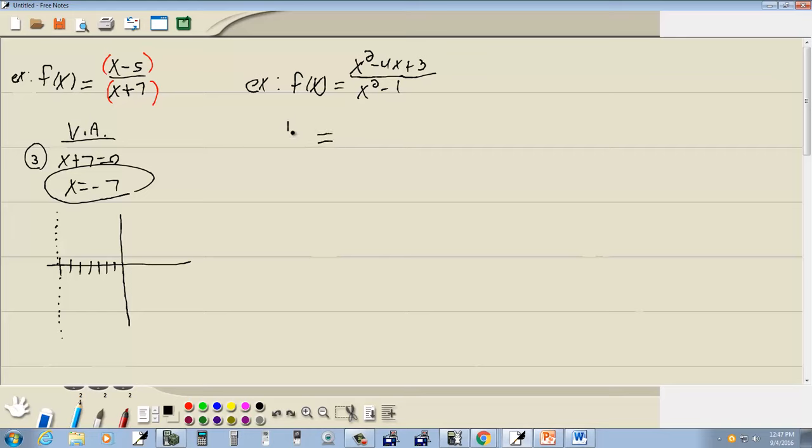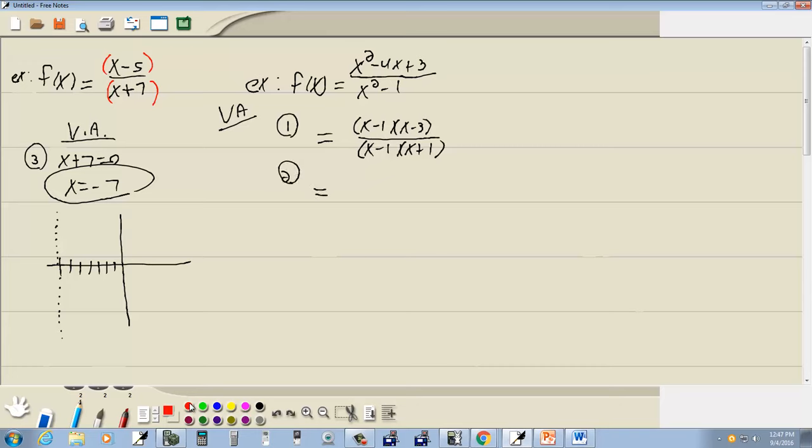Well, step 1, back to the top, back to the bottom. This is for vertical asymptote. Top part factors as x minus 1 times x minus 3. Bottom part factors as x minus 1 times x plus 1. Top part is PSD, the bottom part is the difference of two squares.